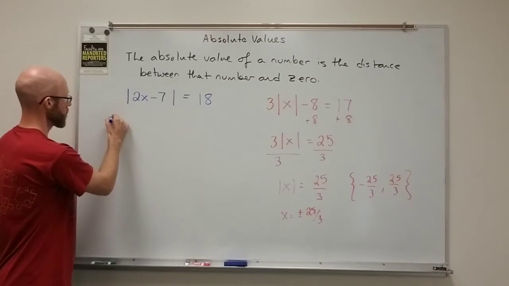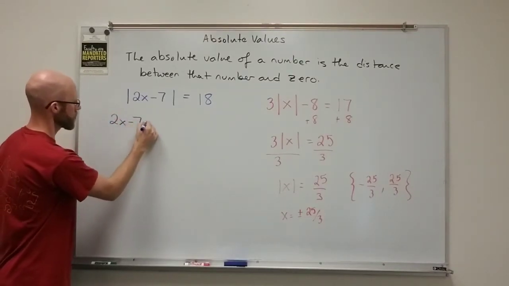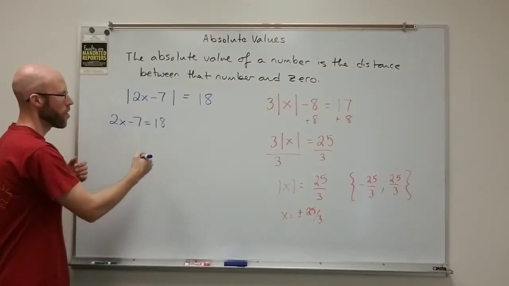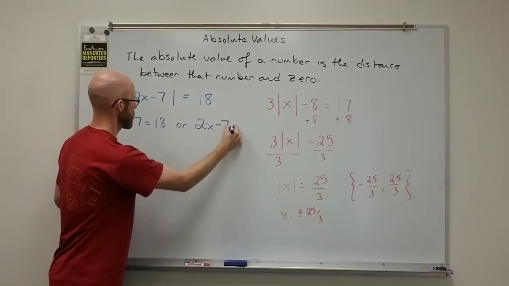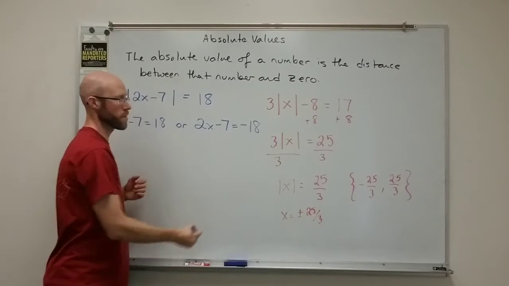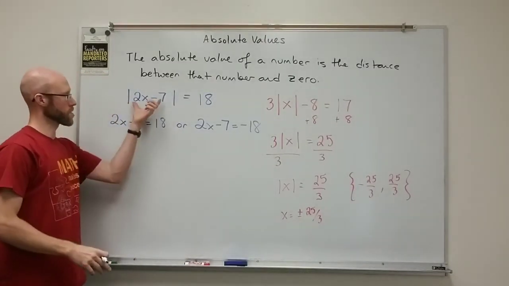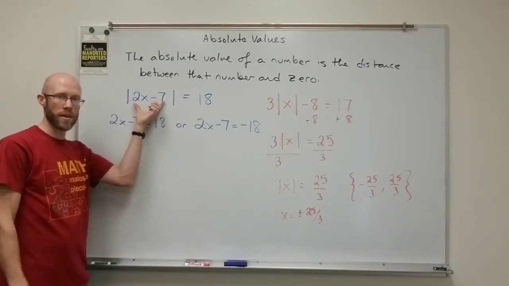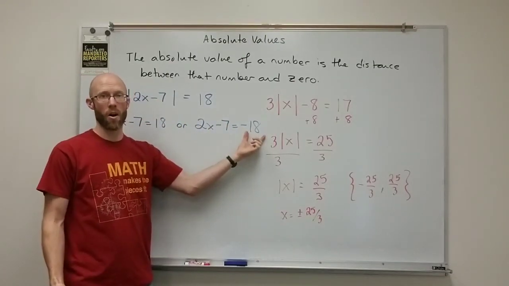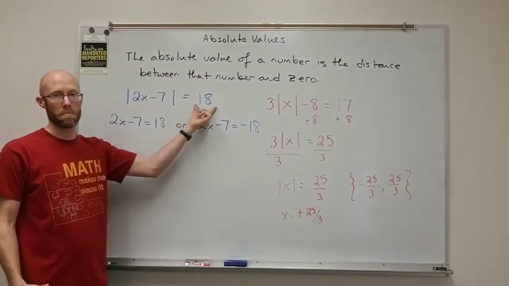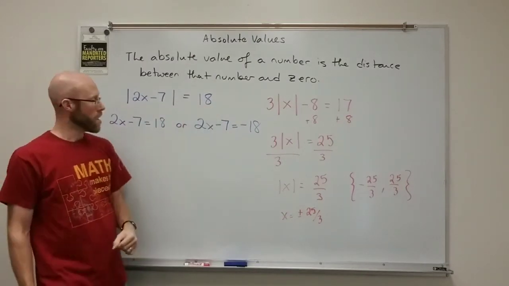So we could write it as 2x minus 7 is equal to 18, or 2x minus 7 is equal to negative 18. It's one of the two. So the stuff in the absolute value is either equal to 18 or negative 18. That's how the absolute value of it becomes 18, right?